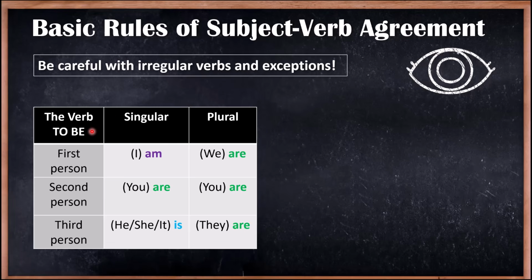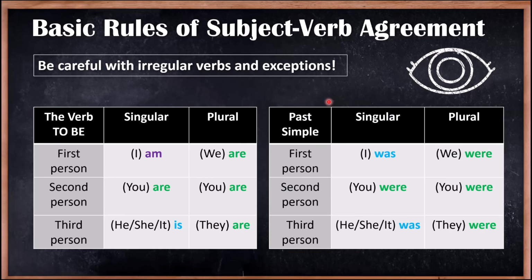So with the verb to be, the plural form is always are, but there are 3 singular forms of the verb to be: am, are, and is. So this is something you have to memorize. And you also have to memorize the forms in the past. In the past, am becomes was.